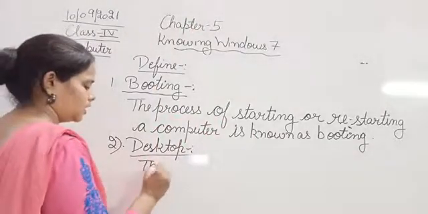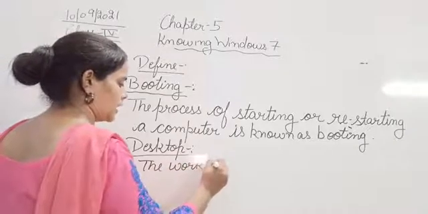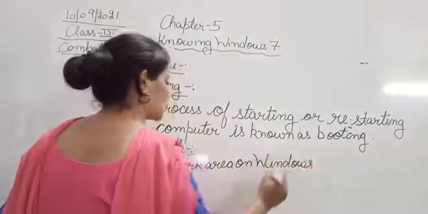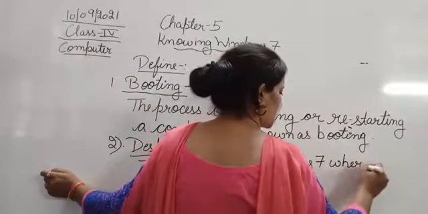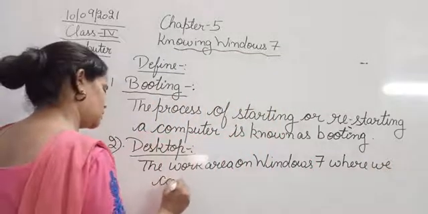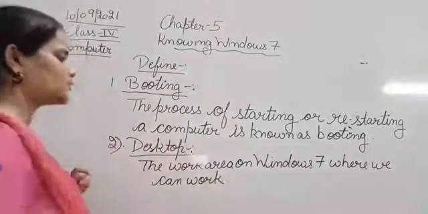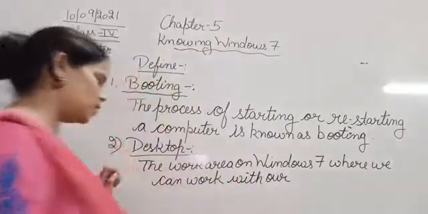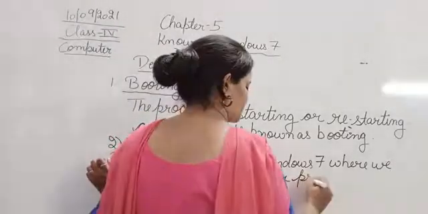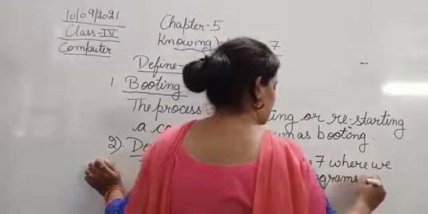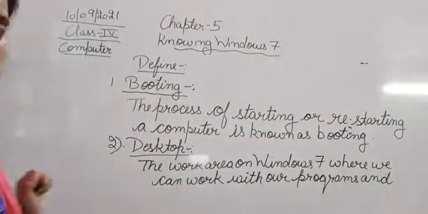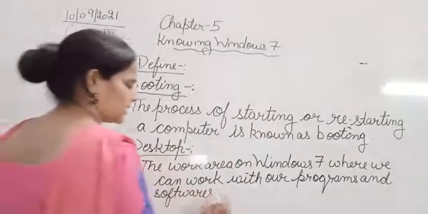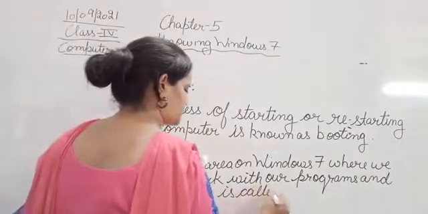Write down: the work area on Windows 7 where we can work with our programs and softwares is called desktop.